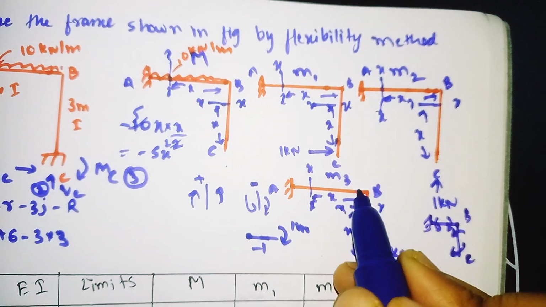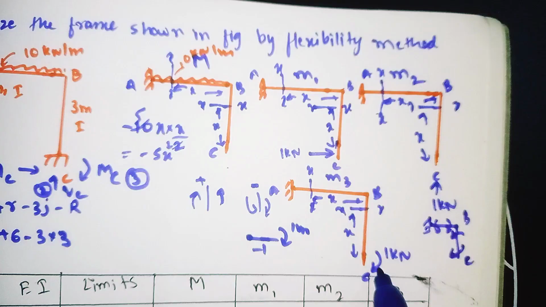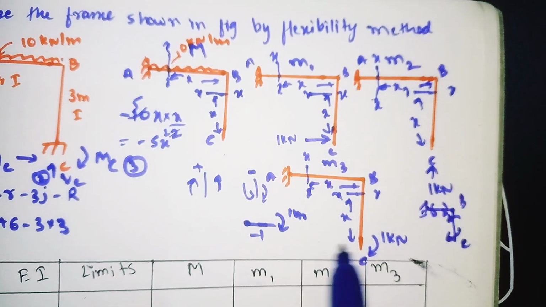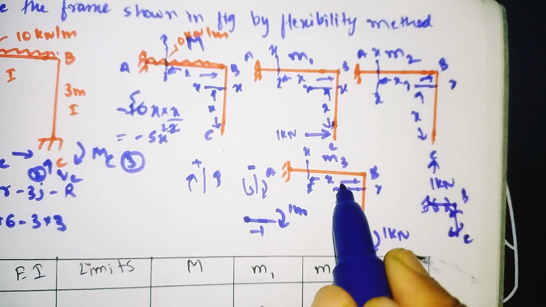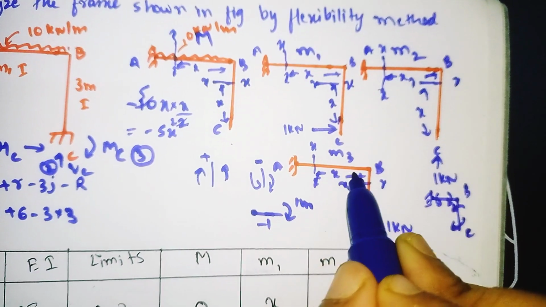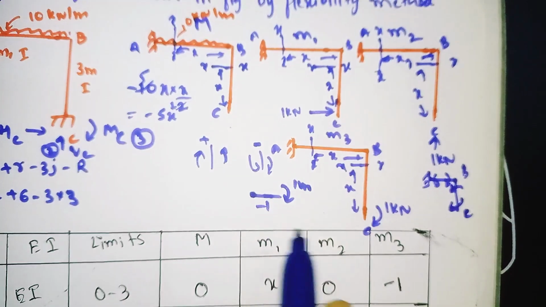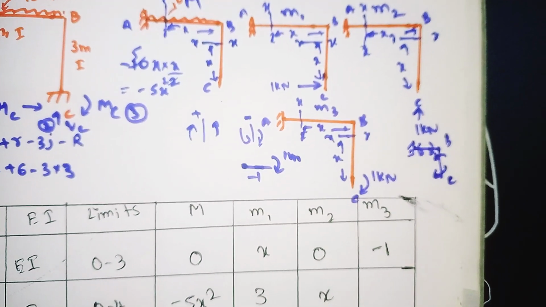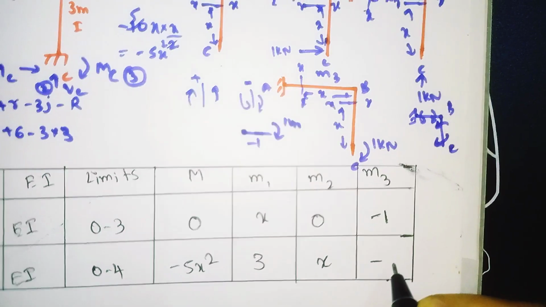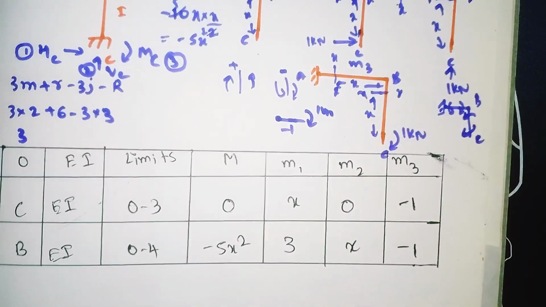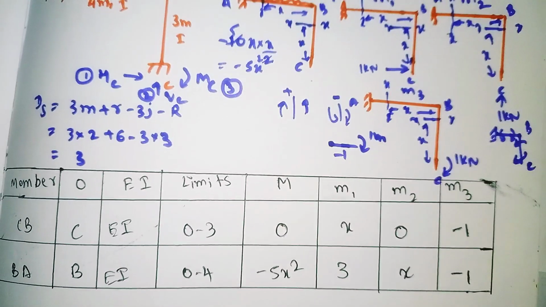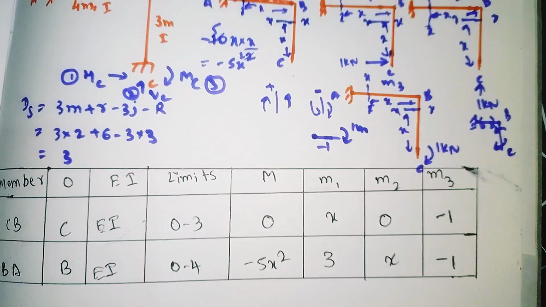So at point B, if you cut the section like this, the moment here comes like this, which is also acting downward. So it has a negative effect on this member. So we need to take again -1. The moment will be the same. For M3 we have the value -1. So this is how we need to fill all the values. I hope you all have understood.